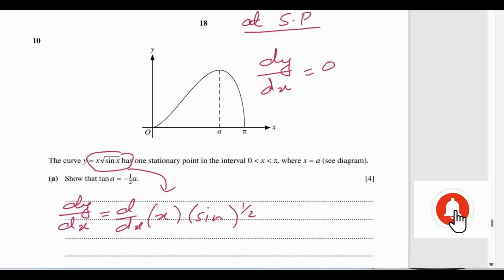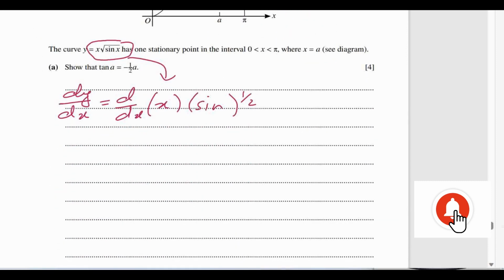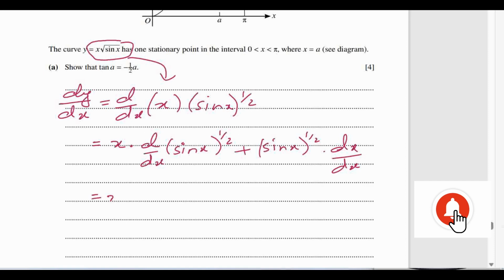So now what we can do further, we can use the product rule, and the product rule is that first into derivative of second, sine of x whole power 1 by 2, plus second into derivative of first.